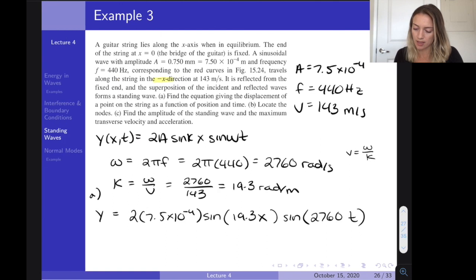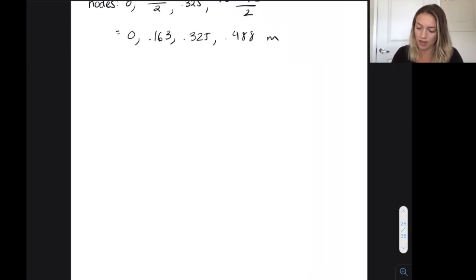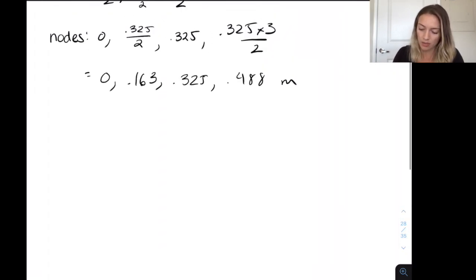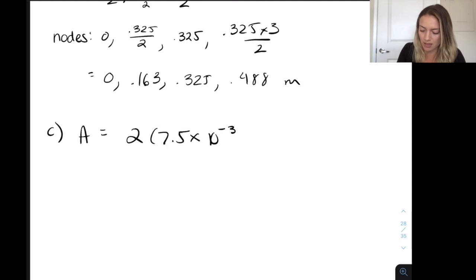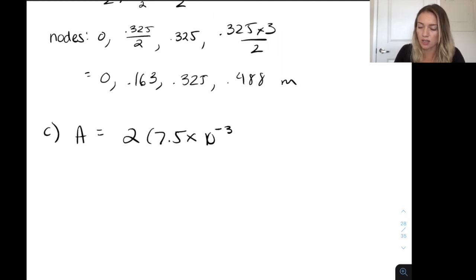And then for part C, we want to find the amplitude of the standing wave and the maximum transverse velocity and acceleration. The amplitude we kind of already found. It's just 2 times the amplitude of each wave, right? So the amplitude is just 2 times 7.5 times 10 to the negative 4.